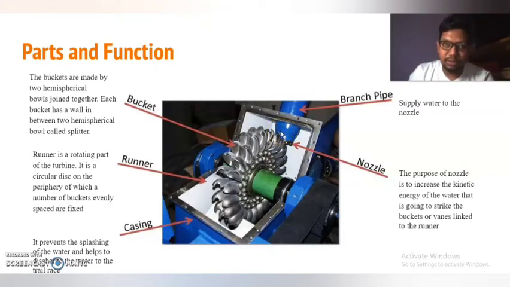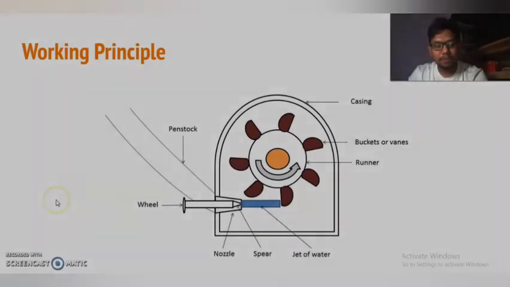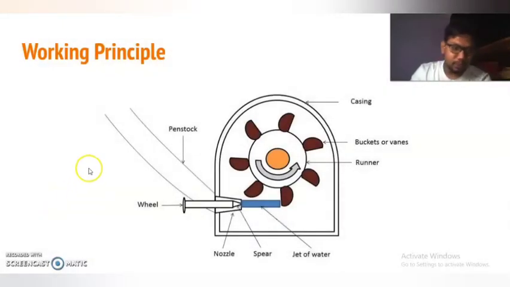The spear is like a conical needle. If the spear is moved backward, the flow rate of the water will increase. If the spear is pushed forward, the flow rate of the water will decrease.